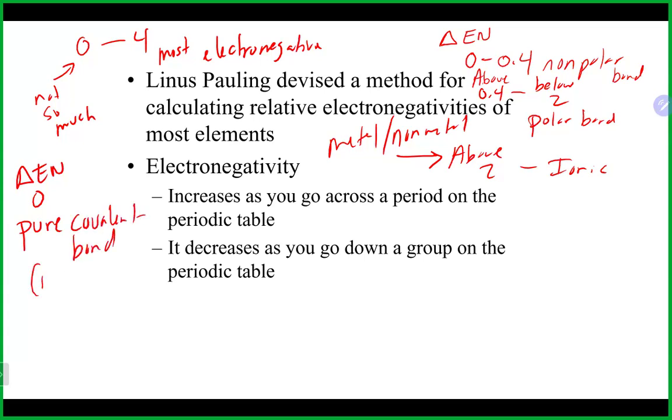That is still a nonpolar bond, but people will sometimes call it a pure covalent bond because the difference in electronegativity is 0, and that's the best you could do in terms of equal sharing of electrons between those two. So sometimes people will classify that difference of 0 as a pure covalent bond. It's still a nonpolar bond, but sometimes people will just refer to it that way as well. Any questions?